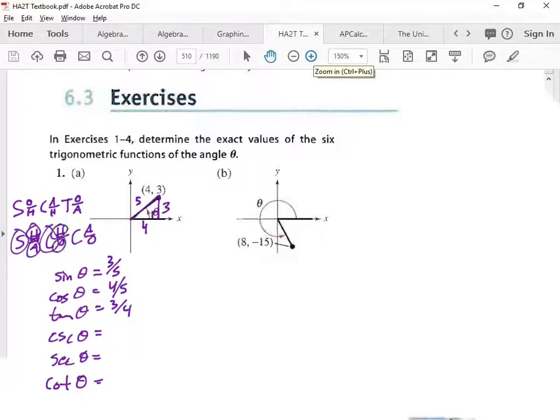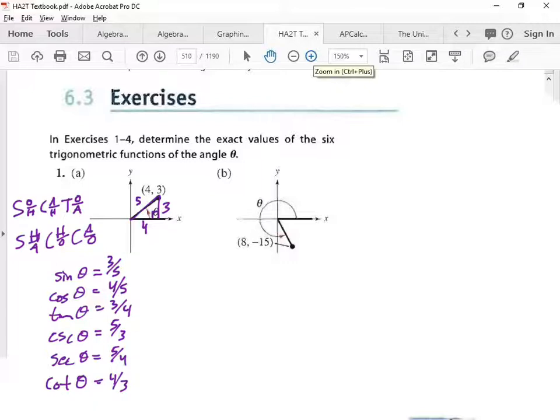Cosecant is hypotenuse over opposite. Cotangent is adjacent over opposite. And so those are my other 3 trigonometric functions. Since cosecant is hypotenuse over opposite, that's the reciprocal of sine, so I could just take sine and flip it. I flip cosine for this one, and I flip tangent for this one. So that's how you do A.